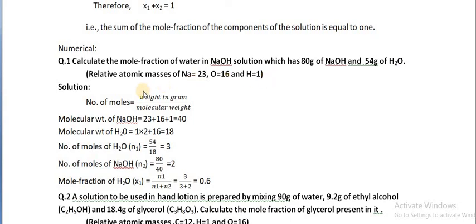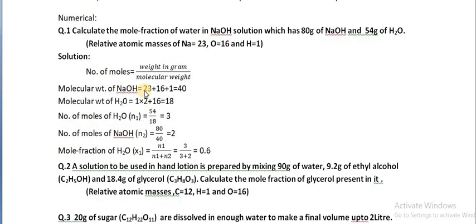Now how do we proceed? First we write down the number of moles formula: number of moles is given by weight in gram by molecular weight. Atomic masses are given, so we need to calculate the molecular weight. The molecular weight of sodium hydroxide will be 23 plus 16 plus 1, which comes to 40, and the molecular weight of water is 18.